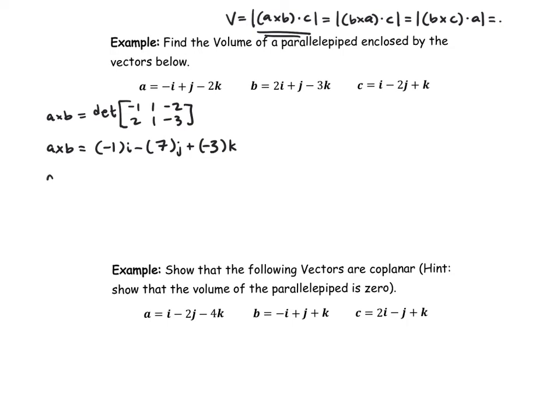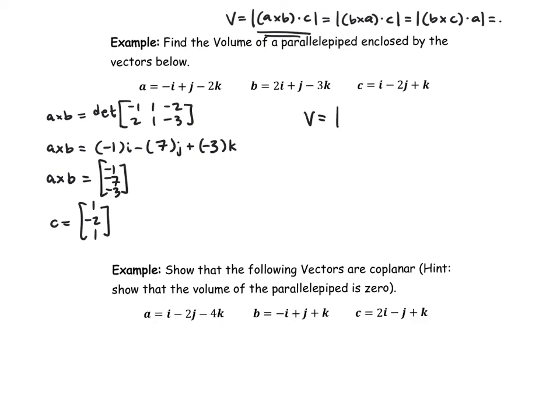So A crossed with B is equal to the following vector: -1, -7, -3. What is C? Well, C is given above. C will be 1, -2, and 1. Now let's do the work to find the volume.